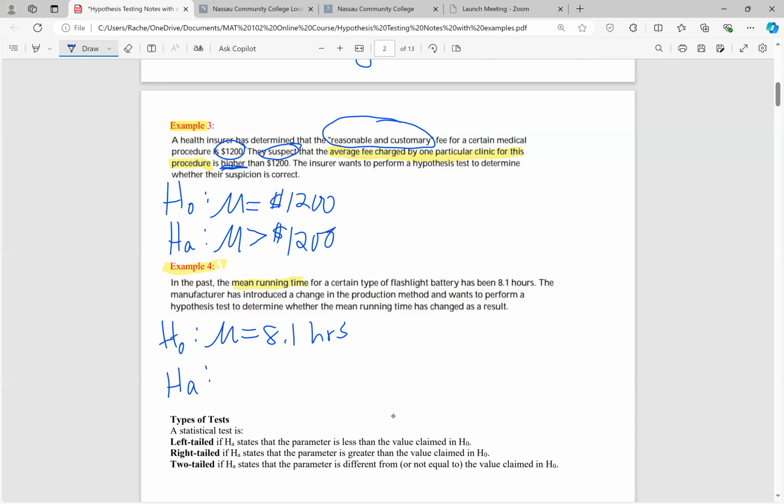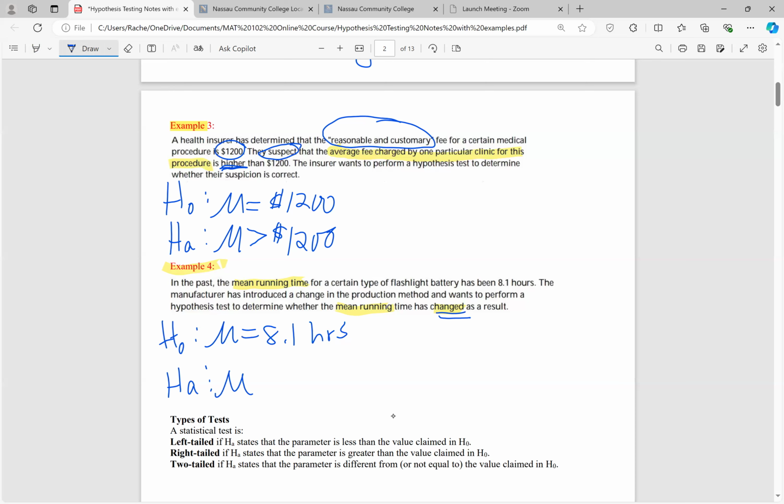But the manufacturer introduced a change in the production method and wants to perform a hypothesis test to determine whether the mean running time has changed as a result of this new process. So there is a suspicion that the mean running time has changed from 8.1 hours.